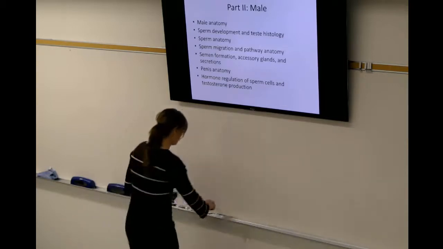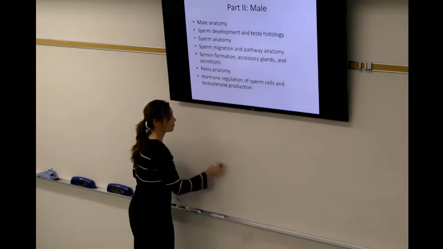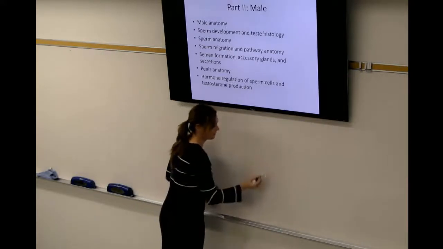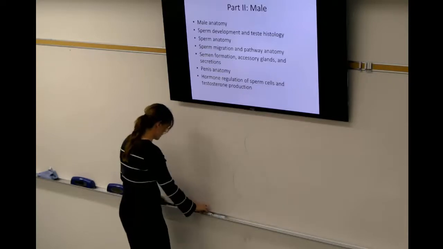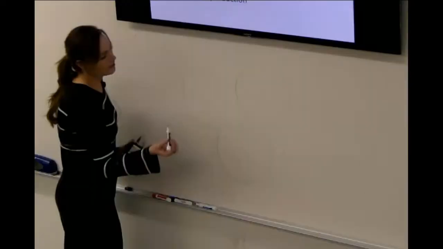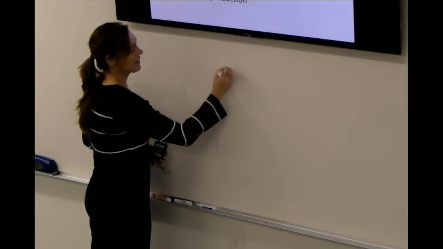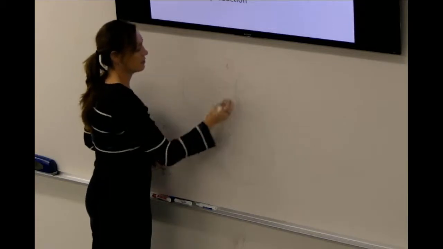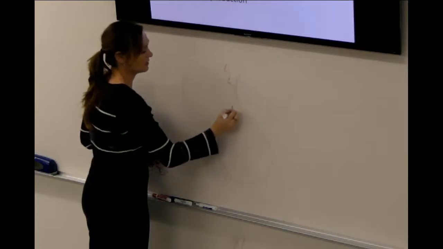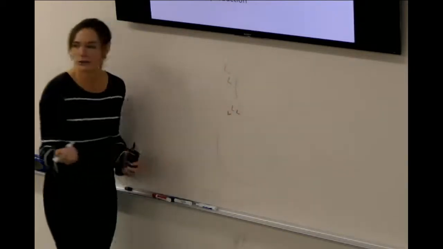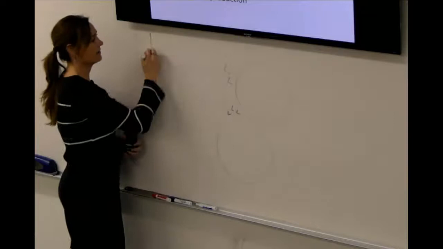I'm going to draw this on the board here. So if we have a cross section of several seminiferous tubules, markers are getting bad. The Leydig cells, I'm going to put little circles, makes them look like they're tubules. The Leydig cells are the little cells out here, I'm making L's for them, and they make testosterone.